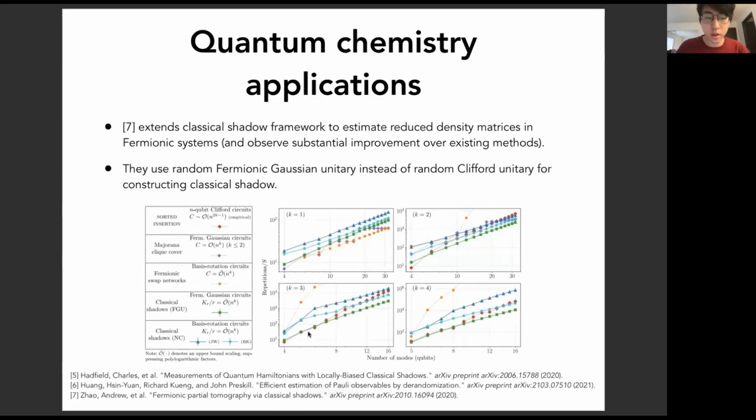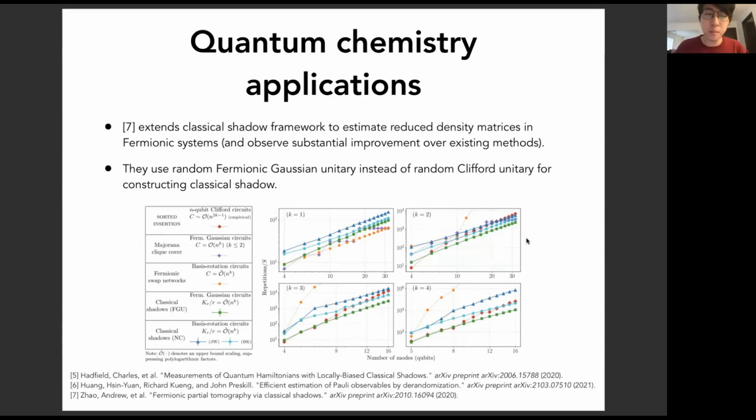Another interesting work to note is a work from Andrew Zhao and people at Google, where they consider an extension of this classical shadow framework. In our paper, we usually focus on random Clifford unitaries because Clifford circuits are classically easy to simulate, so you can operate with them very efficiently.